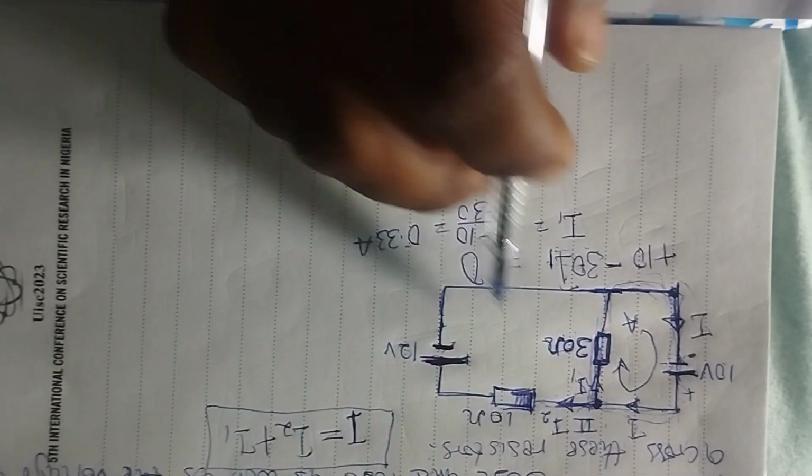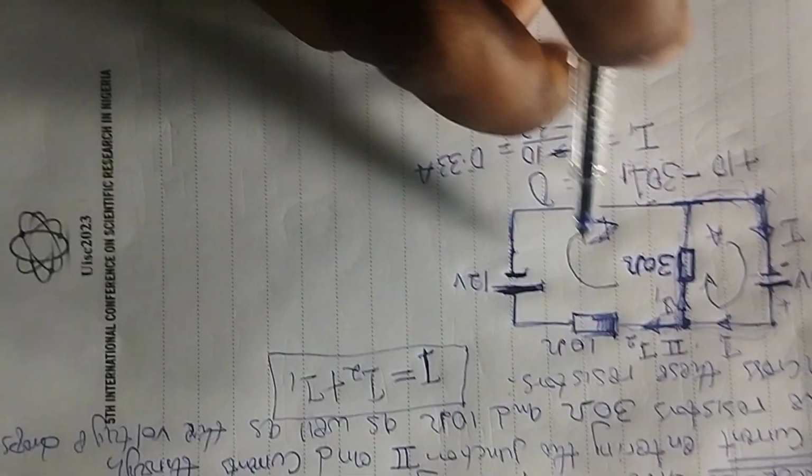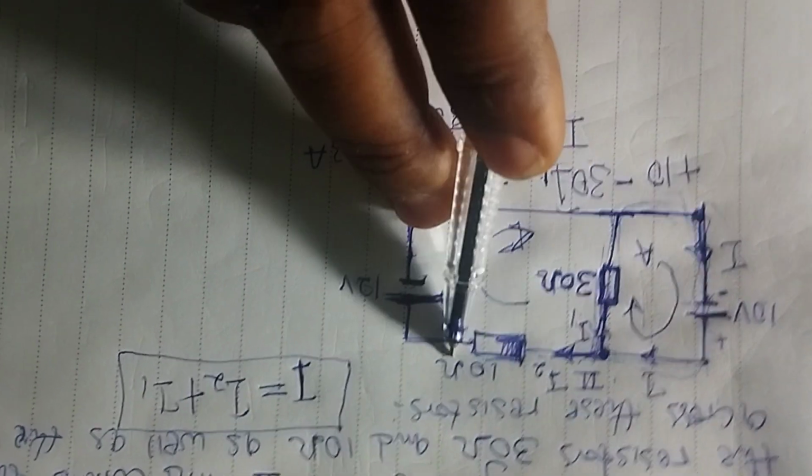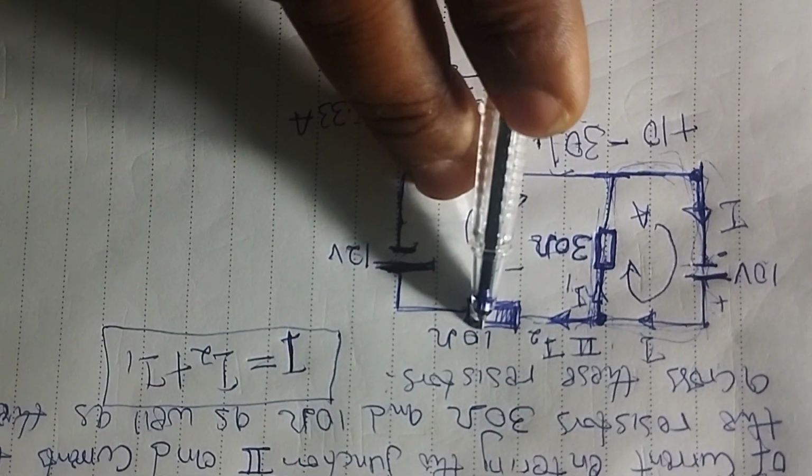Now, for the second loop here, I want to move around this loop in this way. If we start from here, there is a voltage drop across the 10 ohms resistor, and that voltage is going to be minus 10 times I2.